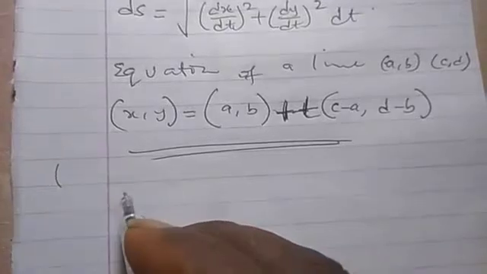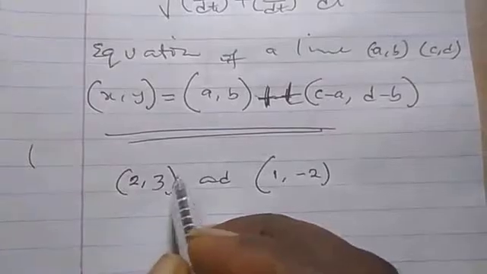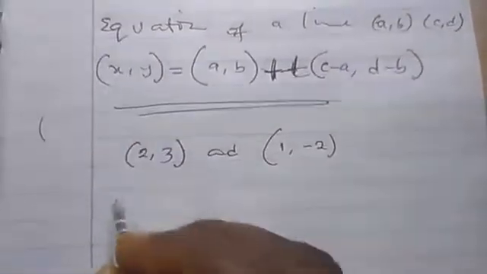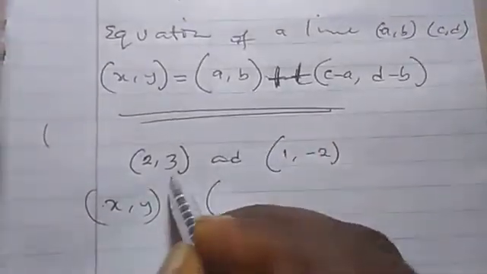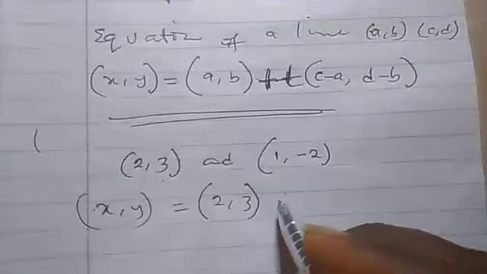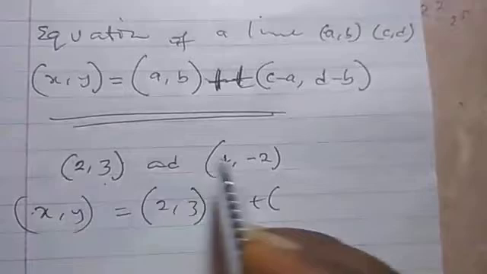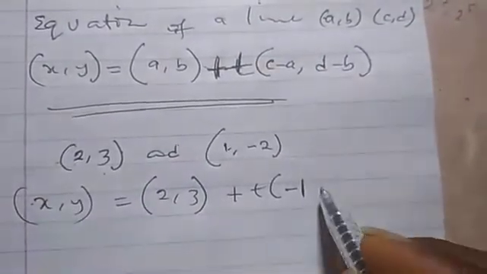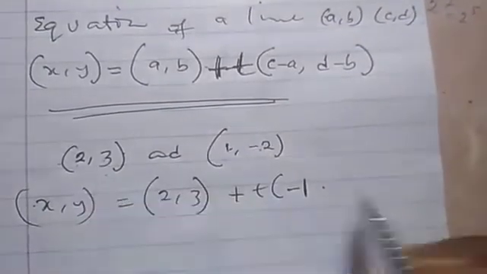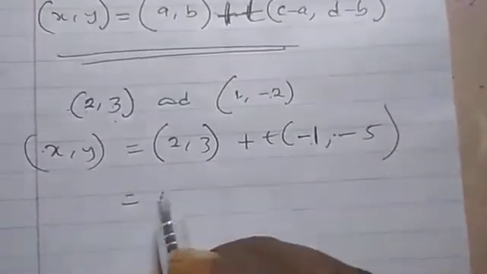Let's assume that we are given this. We want to find the equation of a line between these two points. This is our A, this is our B, or x1, y1, x2, y2. So what we just do is we say (x, y) is equal to (a, b), this first one, (2, 3), plus t into, what that means is just subtract the first one: 1 minus 2, that is minus 1, comma, minus 2 minus 3, that is minus 5.